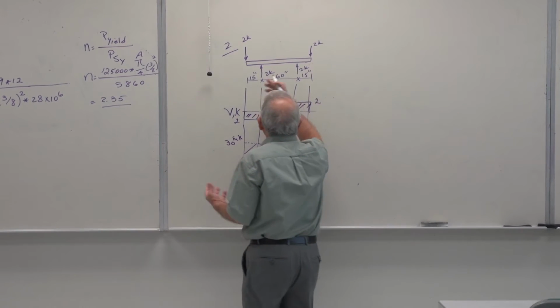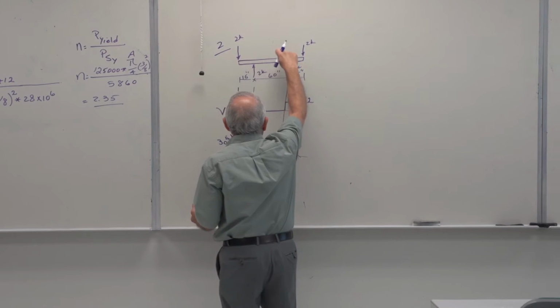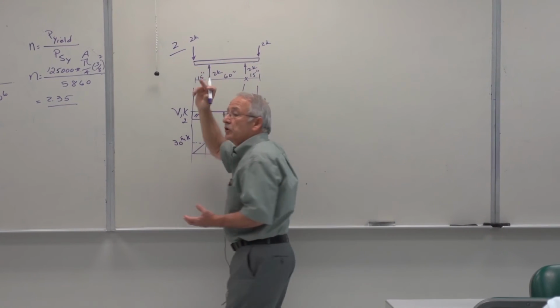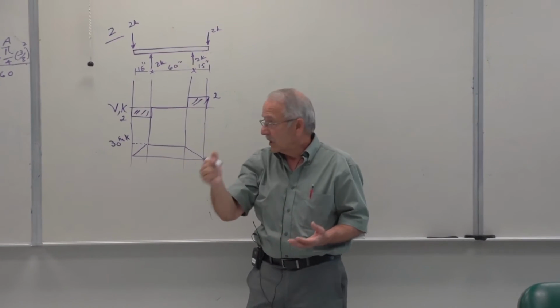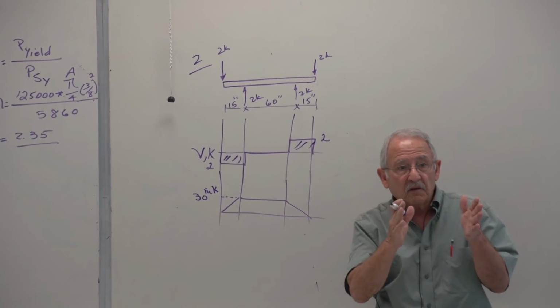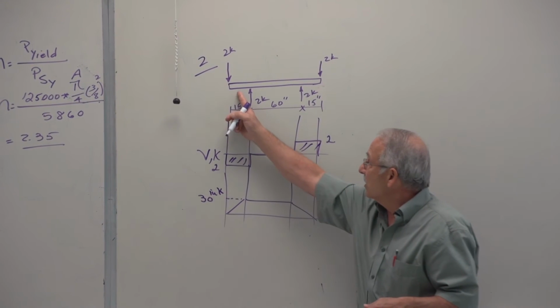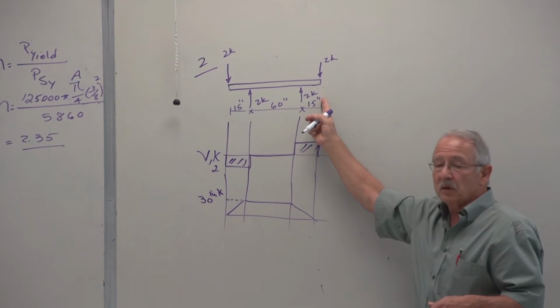We recognize that the moment in this section and in this middle section are different, as you can see. Variable here, constant here. So we need to divide this into 3 parts. This part, the middle part, and the part on the right-hand side.